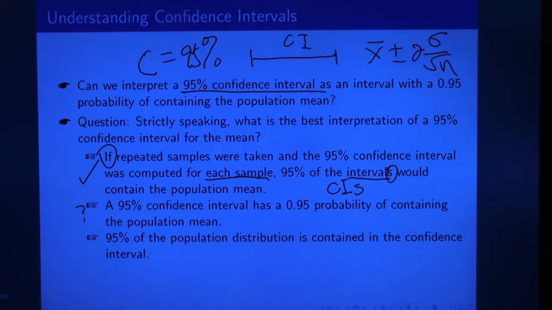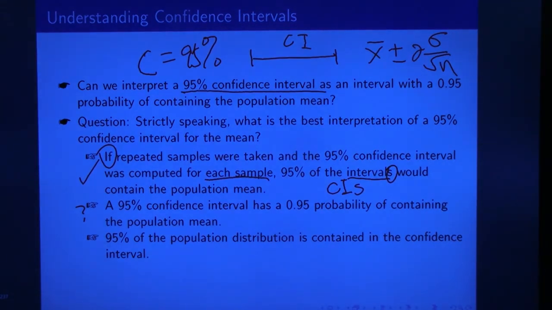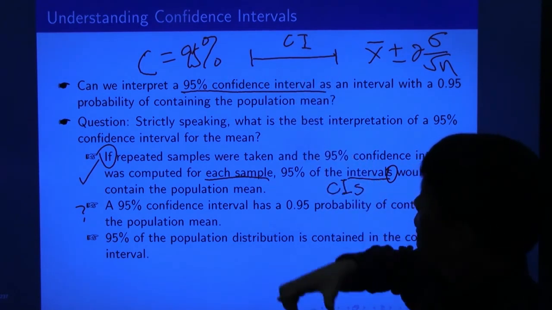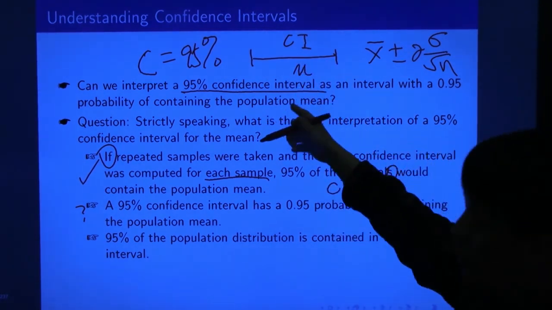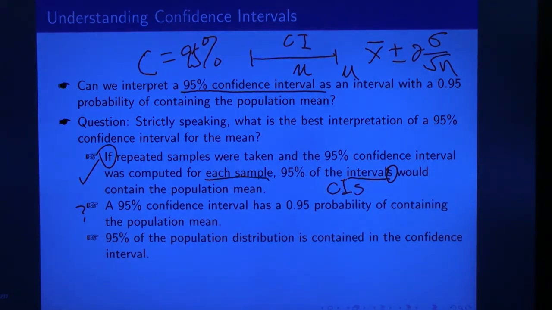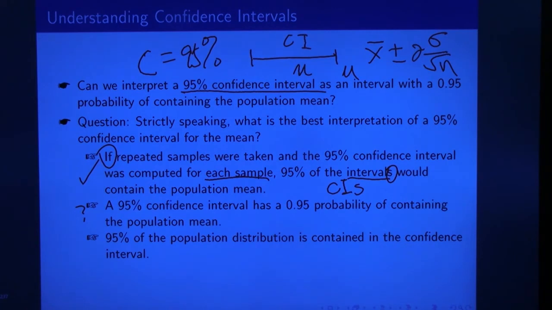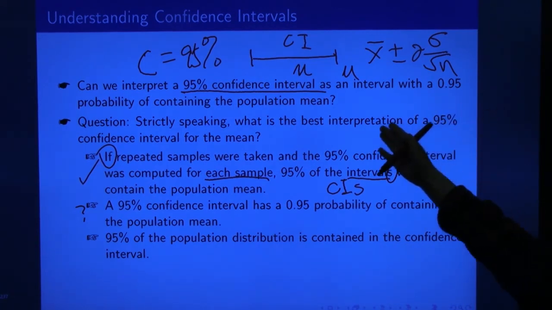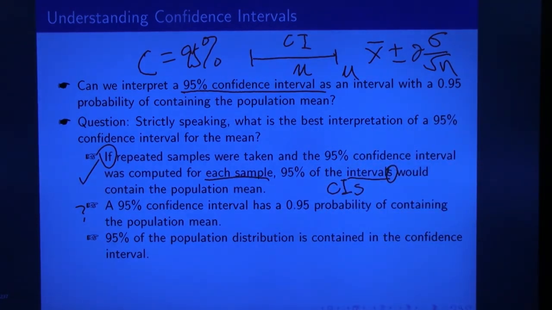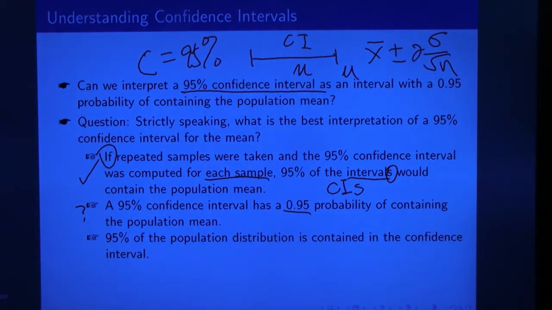Actually, this is not correct. Although we do not know the population mean, it is a fixed number. Once we have this interval, mu is either inside this interval or outside this interval. If it's inside, that means it is 100% contained. If it's outside, that means it's 0%. There's no way to say 95% probability.